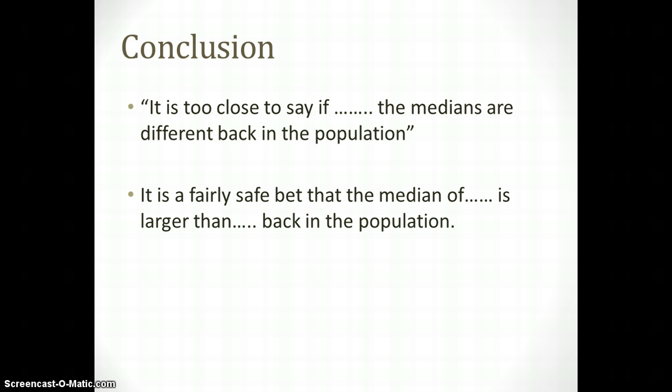Either you say it is too close to call, and I've written too close to say, I don't mind, or you choose it is a fairly safe bet. You have to fill in the gap where there's dots. It is too close to call if males are faster than females.